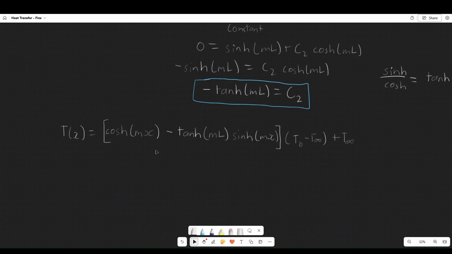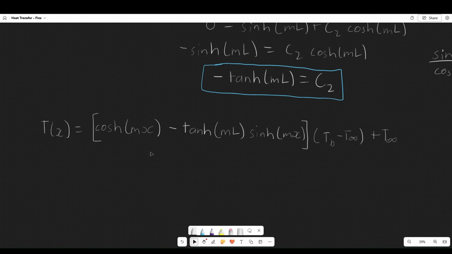Perfect. So we have now solved for our temperature profile in the fin. We know how the temperature is decaying in the fin, and this is pretty much all you'll need. But we can take it a step further and connect it back to heat transfer.